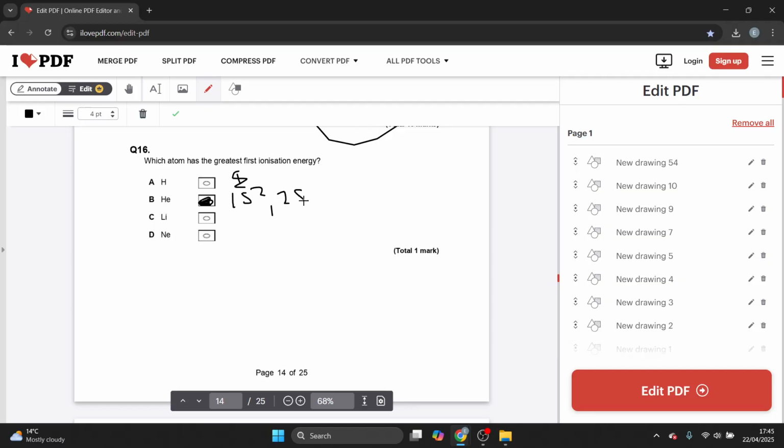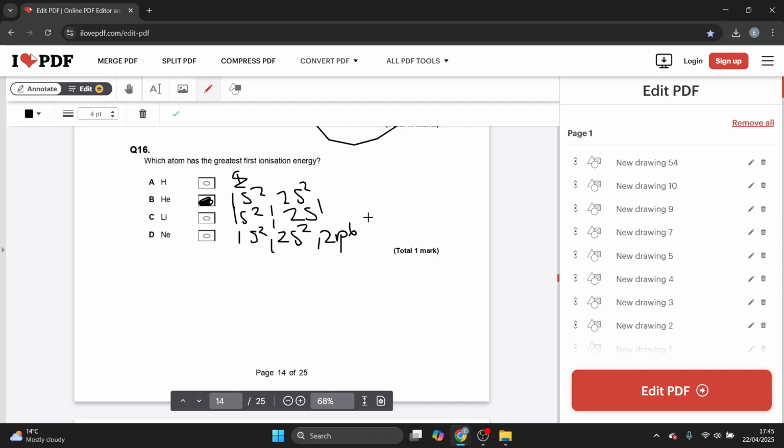Lithium, 1s2, 2s1. Neon, 1s2, 2s2, 2p6, right?